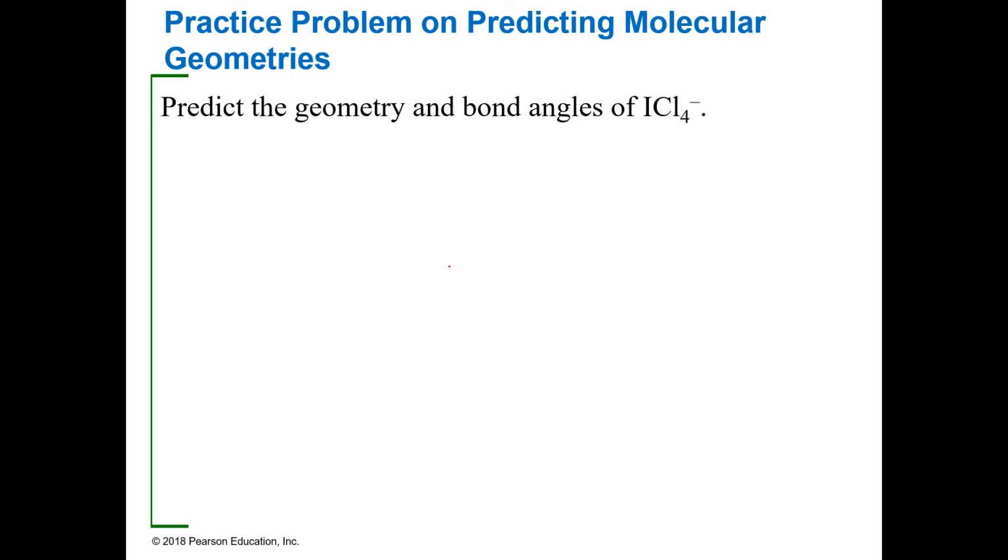Last one. All right, iodine and chlorine all have the same number of valence electrons. That's 7. So 7 times 5 is 35, plus 1 is 36. So 36 valence electrons. Iodine is probably going to be my central atom. Chlorine around it.